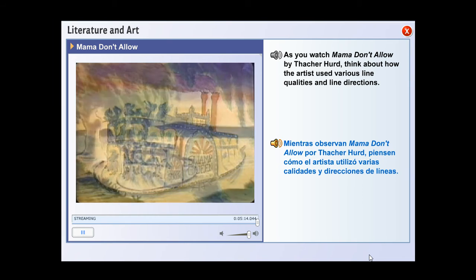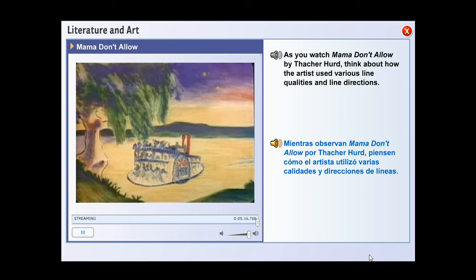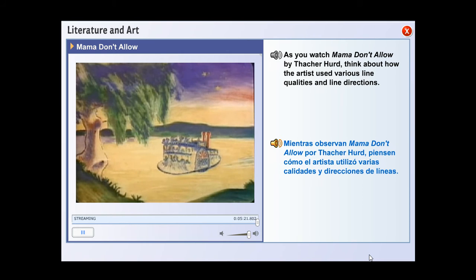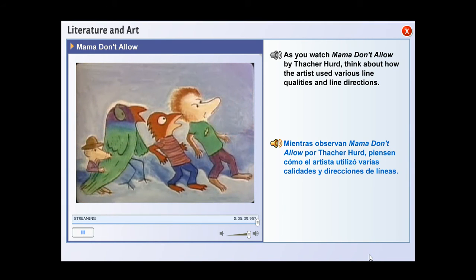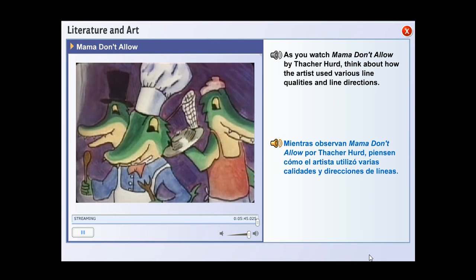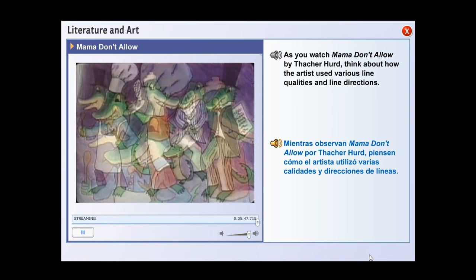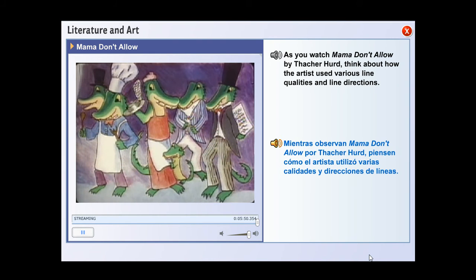The Swamp Band played far into the night. When the music was over, the band was hungry. What's for dinner? So were the alligators. Something tender. Something juicy.